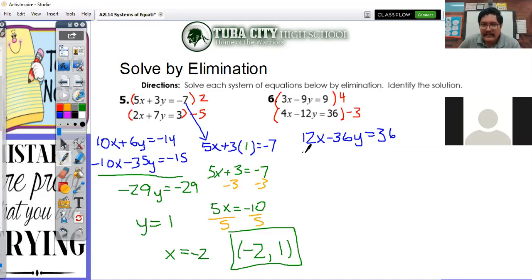And let's go ahead and change the bottom one, -12x, because we're multiplying everything by a negative, so we got to pay extra attention to that. And here, wait, hold on. 3 times 12, 3 times 12, 24, 36.